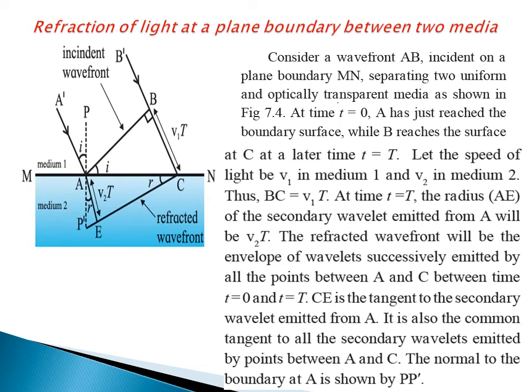Similarly, the angle between the refracted wavefront CE and the refracting surface MN is the angle r, that is the angle of refraction, as is the angle between P'A and AE.